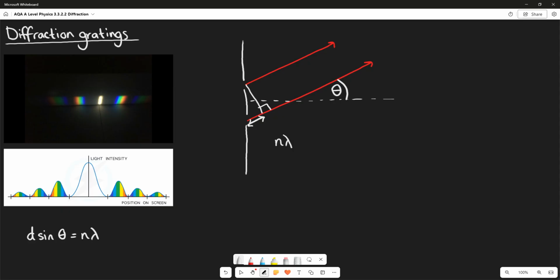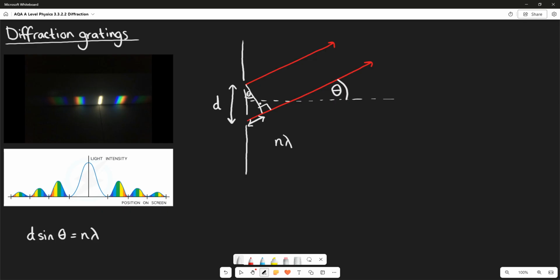So we know that this distance here is some multiple of lambda. We know by geometry that if this angle here is theta, then this angle here is also theta. And we're going to call the distance between the grating gaps, the slits, we're going to call that d.